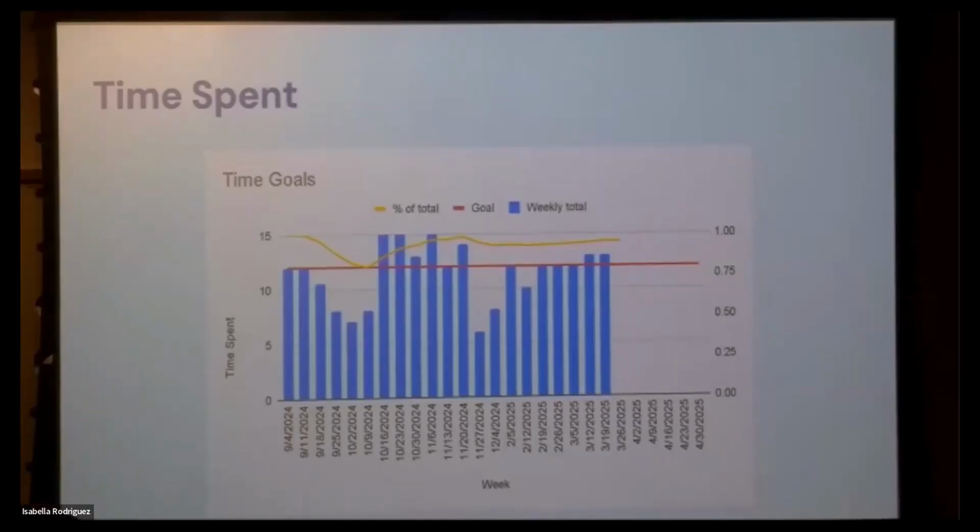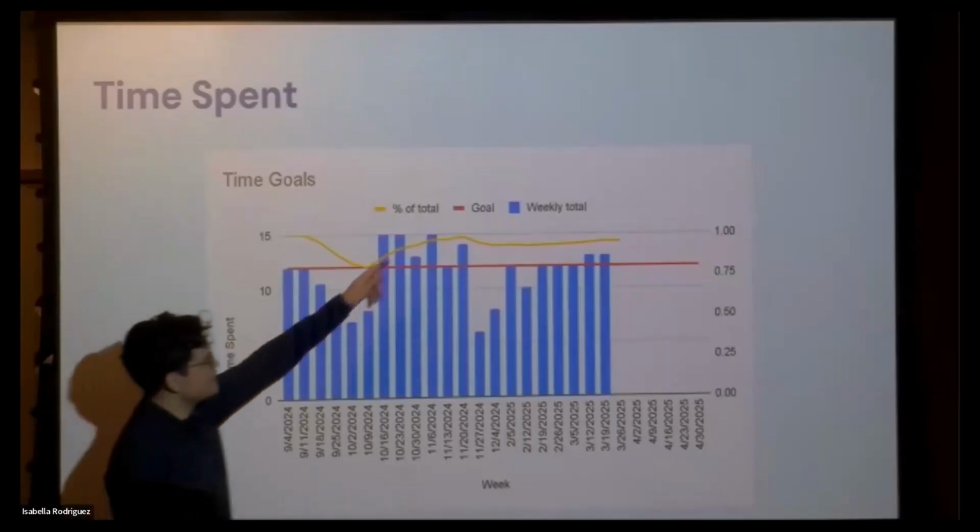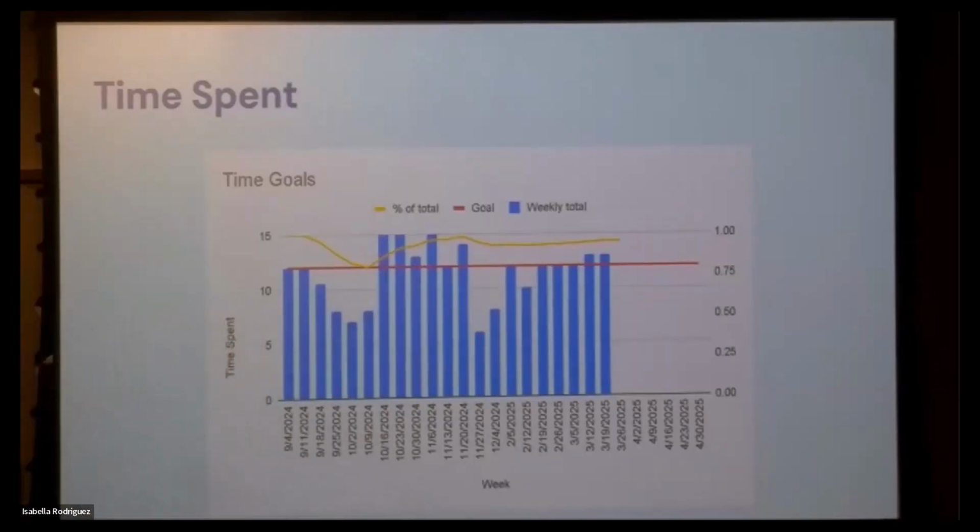We also had a Gantt chart to meet those specific deadlines. Once we passed this hill, we realized that we were practically almost done with the project. So we had a little bit of downtime, but we kept our daily and weekly goal of keeping the same hours.